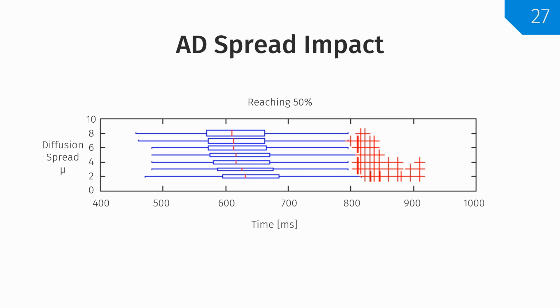Lastly, we checked the impact on the performance of this spread parameter in adaptive diffusion, which we included, and we could see that a lower spread parameter, which would increase privacy for participants, will statistically significantly increase latency of the protocol, but not by so much that it is worth giving up the privacy it generates.